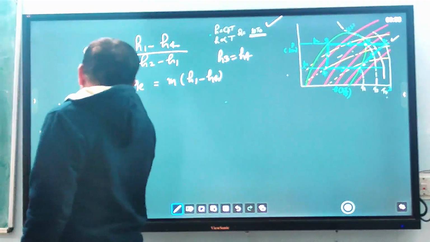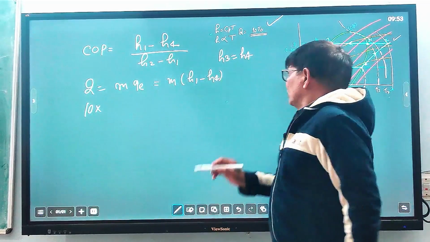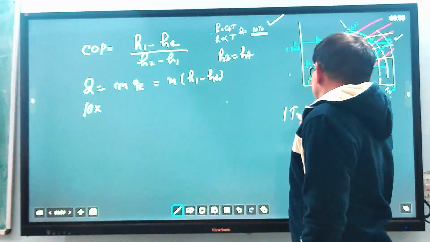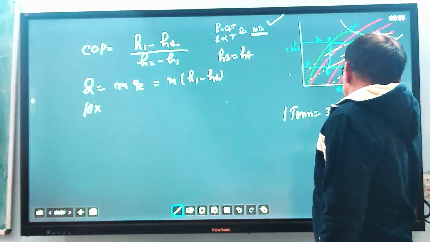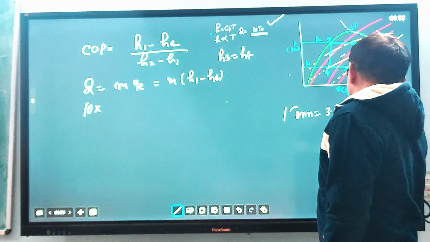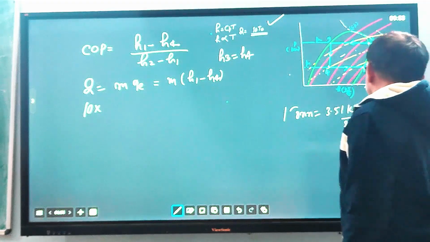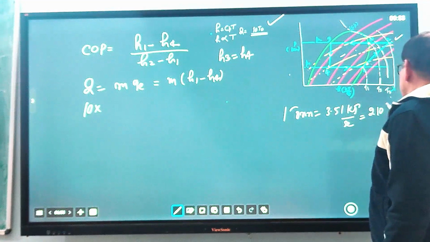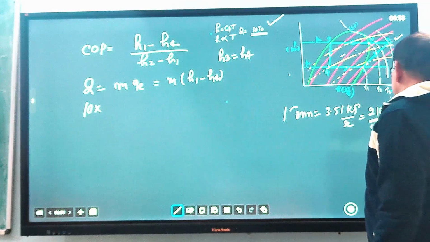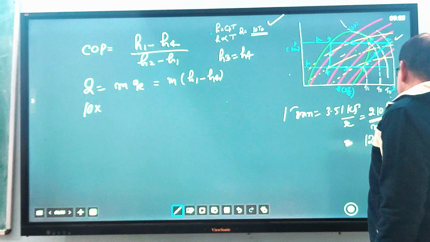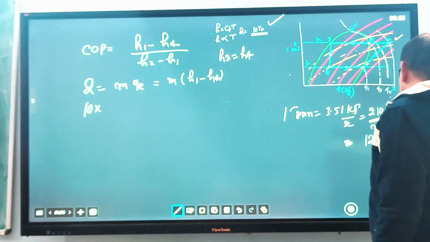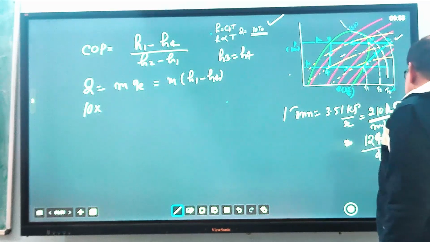So 10 ton means, 1 ton of cooling effect equals 3.51 kilojoule per second, or 210 kilojoule per minute, or 12,400 kilojoule per day. That is a unit.